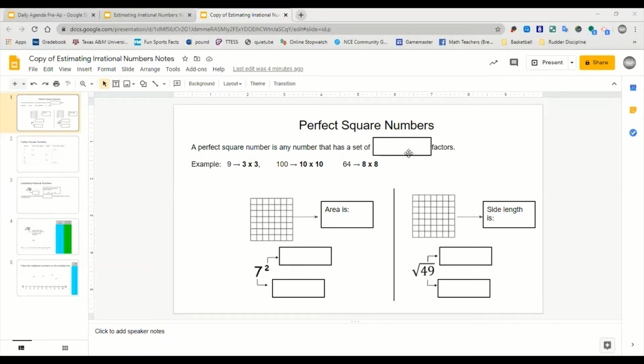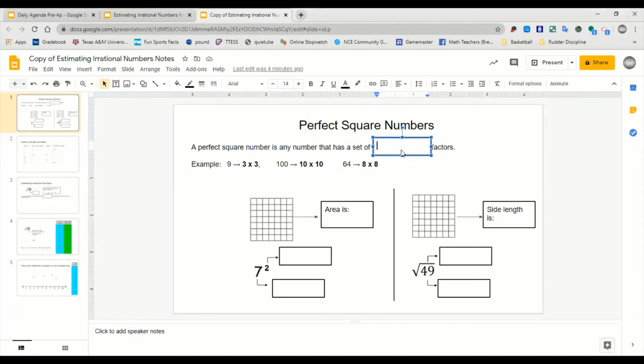So the definition of a perfect square number is any number that has a set of what we call duplicate factors. Somebody tell me in the chat or unmute, what does it mean to be duplicate? Two of the same.